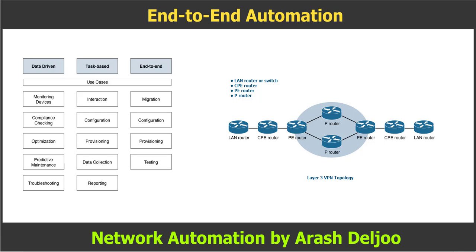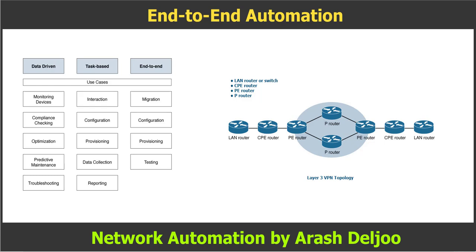So far, we have described several use cases and scenarios, but all of them have focused on single tasks or components. You know that a network is an ecosystem composed of many different platforms, pieces of vendor equipment, systems, endpoints, and so on. When you need to touch several of these components in order to achieve a goal, you can use end-to-end automation.